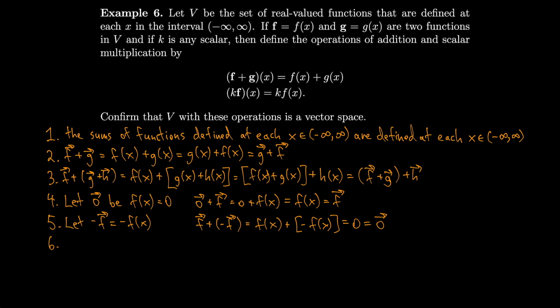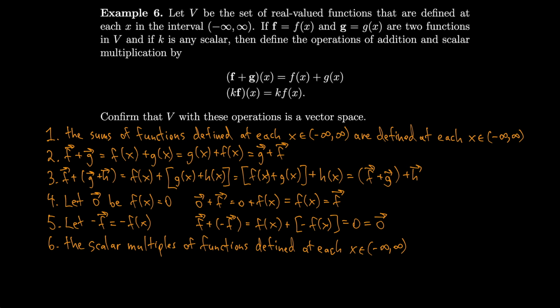Let's let 6, well, remember this is the same as number 1 in this case, the scalar multiples of functions defined at each x in the interval from minus infinity to infinity are still going to be defined at each x in this interval.